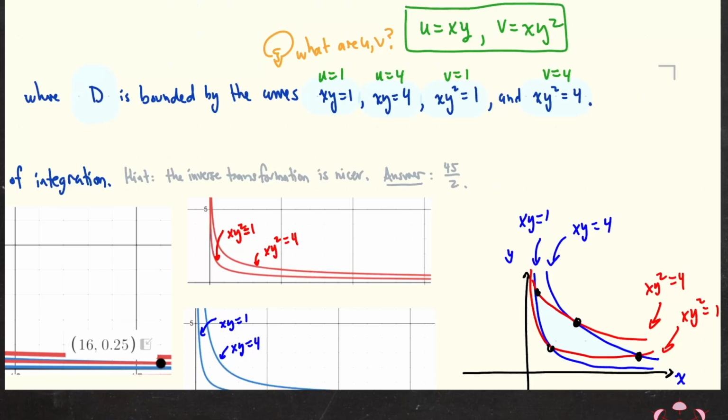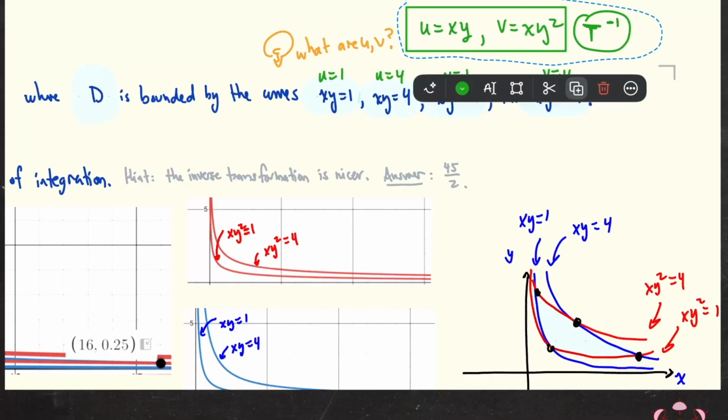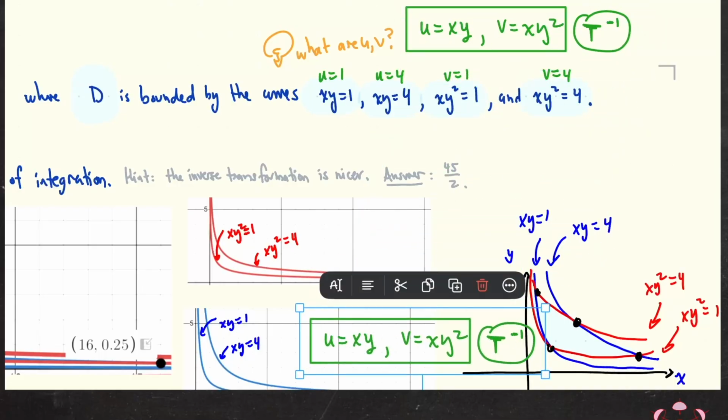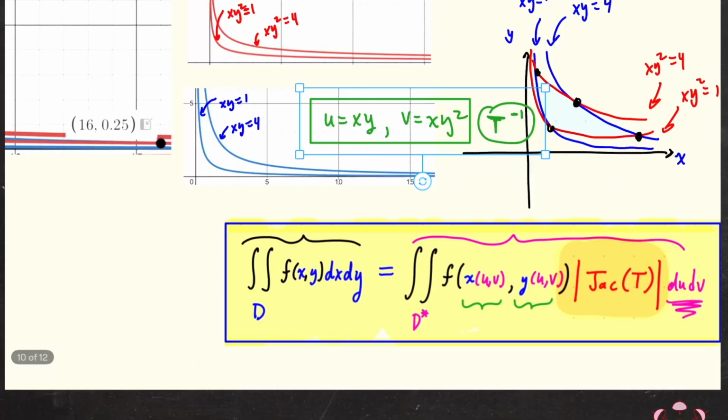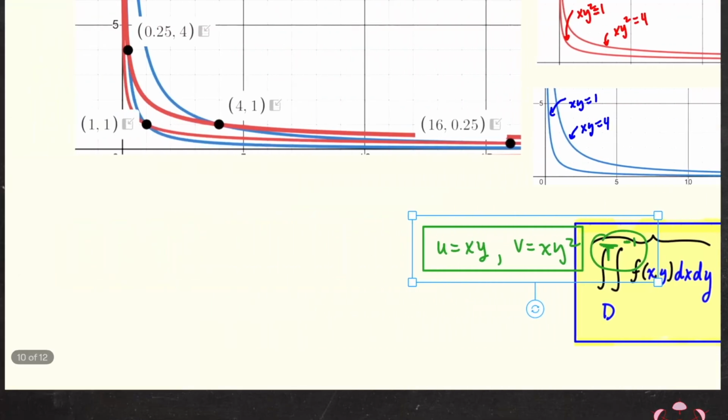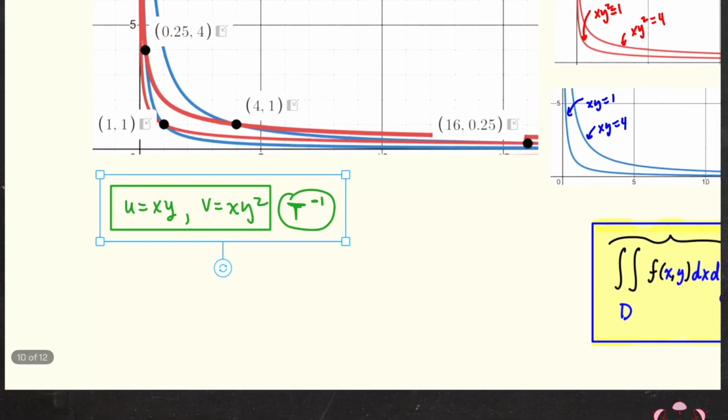In the language of this section, remember this is not T, but T inverse. Now that I've made those choices, let's think about what we should have for a reasonable range of values.